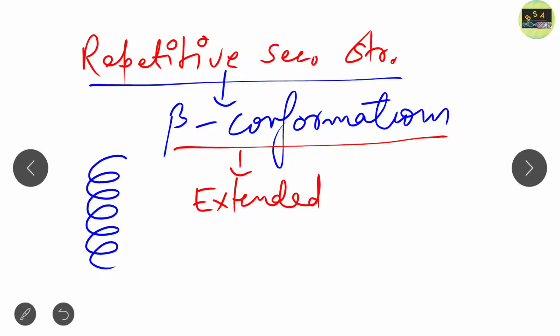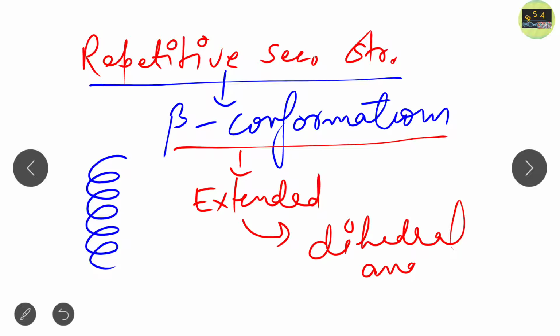It is again defined by backbone atoms arranged according to a set of dihedral angles. We discussed all these dihedral angles in our Ramachandran plot lecture.